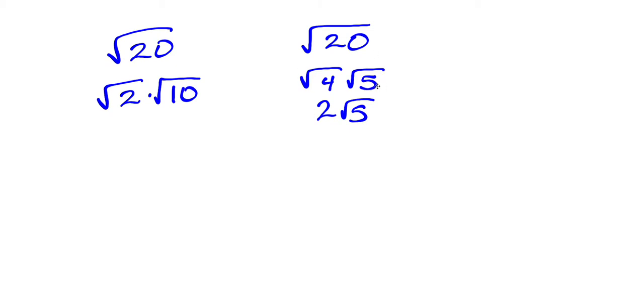You can have more than one perfect square as well. If you can't think of the biggest number, you can have more than one. And basically anything that's not a perfect square stays in the square root symbol. Okay, so then 2 square root 5, that makes sense actually.